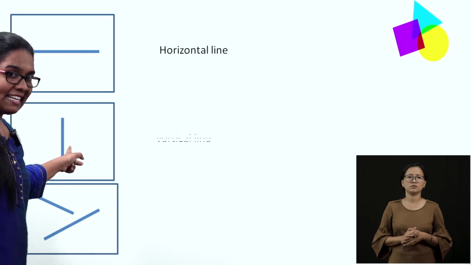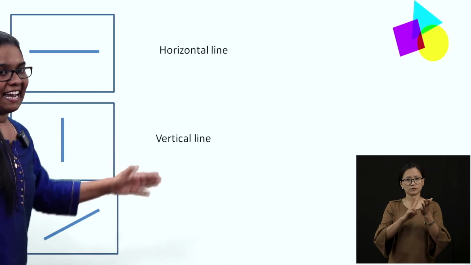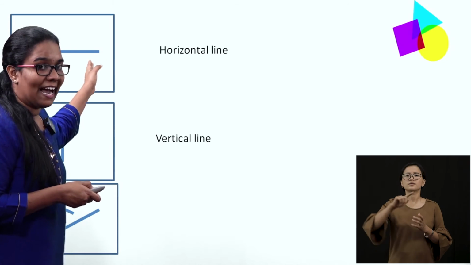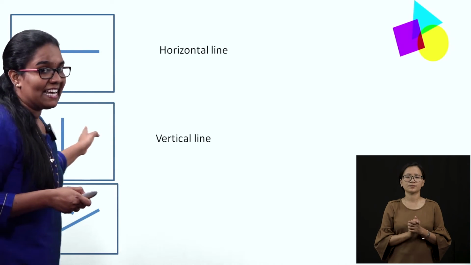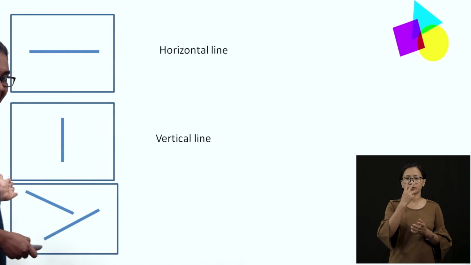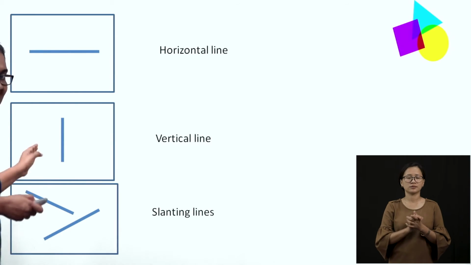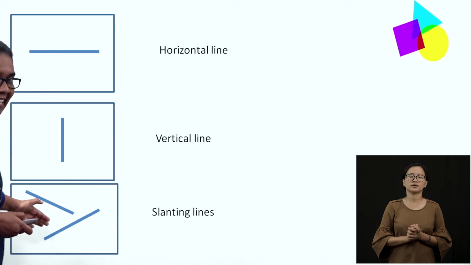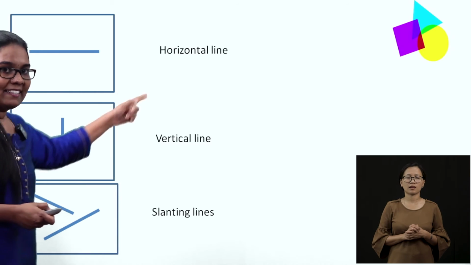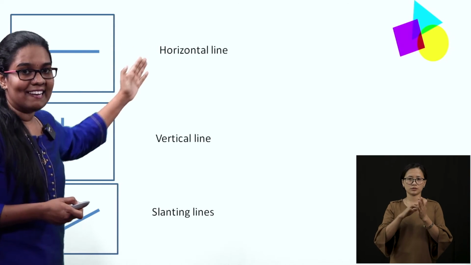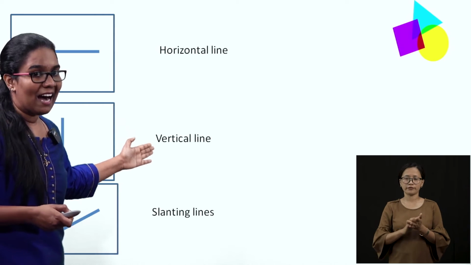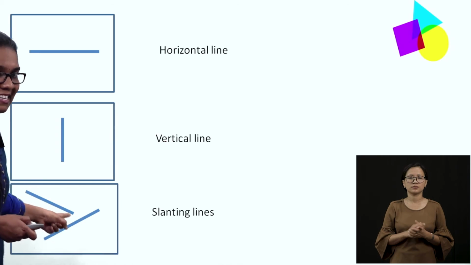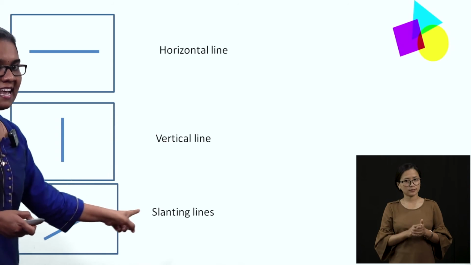Then the next is, yes, it is a vertical line. This one is a horizontal line and this is a vertical line, and these lines are called slanting lines.